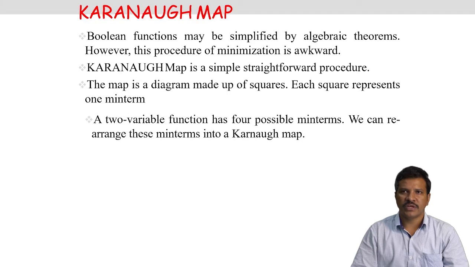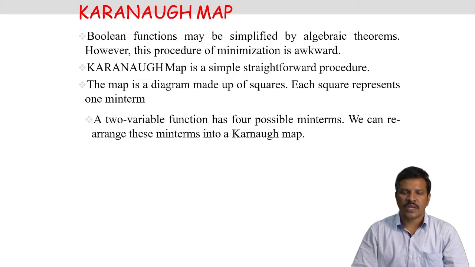Basically the Boolean function may be simplified by algebraic theorems. However, this procedure of minimization is somewhat awkward, as the Boolean function is made with a number of literals, a number of minterms.